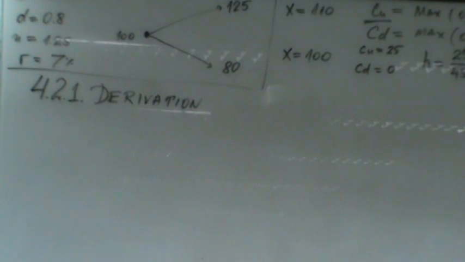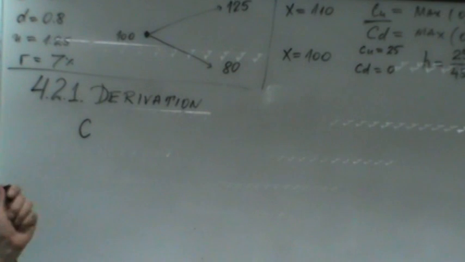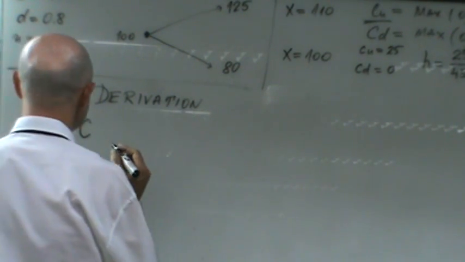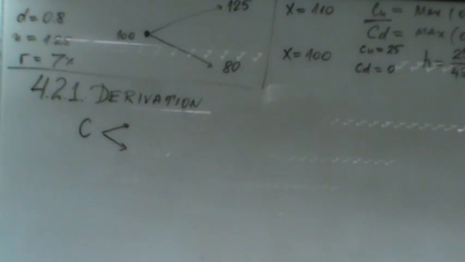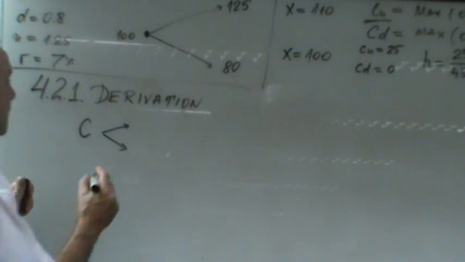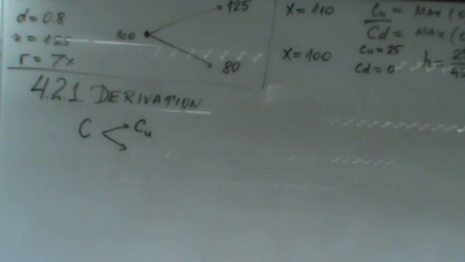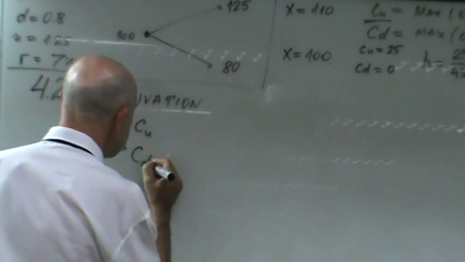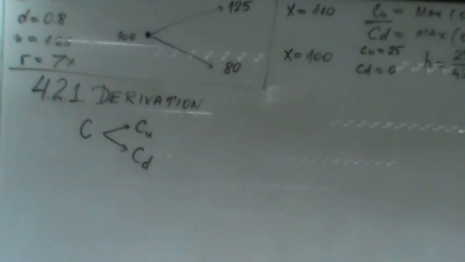Well, first is the notation. You got the call, okay? And if it goes up, its value we denote as CU. If it goes down, it is CD. That's copy, nothing else.